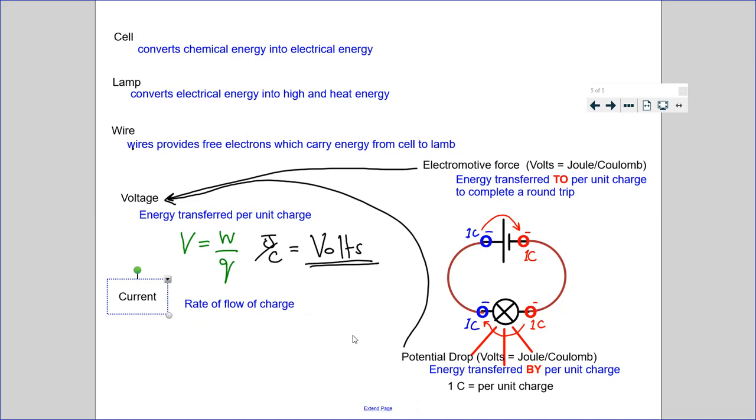If you just measure the flow of charge like 5 coulomb or 10 coulomb or 20 coulomb, that is measured in coulombs. So coulomb is the charge, but when you say 5 coulomb per second, that's current. Coulomb per second is the ampere. So rate of flow of charge, or amount of charge flow per unit time, that is the current.